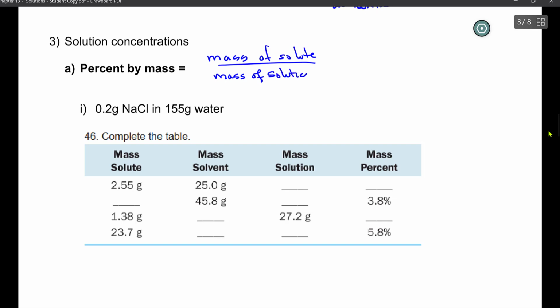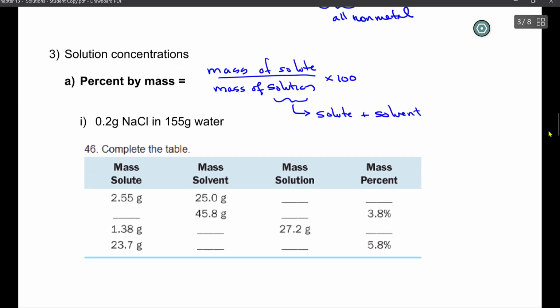Now remember, the solution is both the solute plus the solvent. And then we multiply it times 100 to give us a percent, or a per 100. Okay, so let's look at how you would do that calculation.